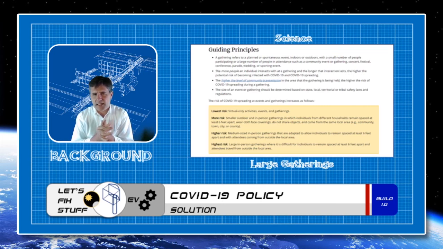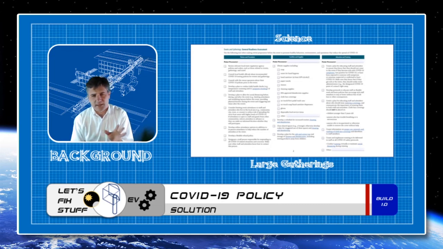Their guidelines at the CDC reflect this kind of thinking. It highlights the high-risk activities that we should avoid. They even provide a checklist for those planning events, listing all the different things you can do to try to make your event as safe as possible.